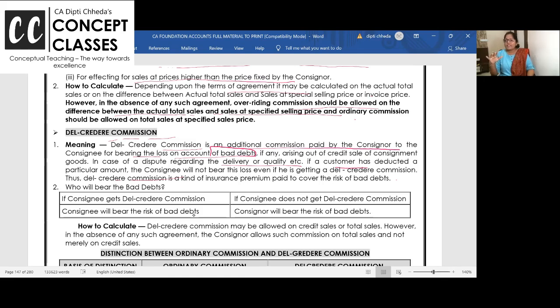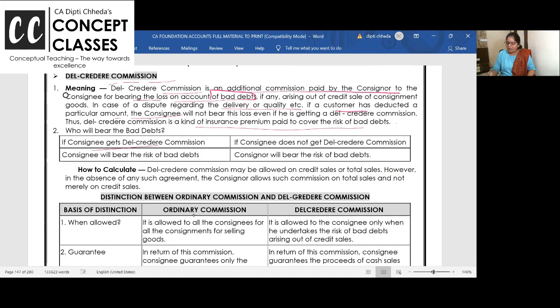But simply if it is a bad debt of the debtor because the debtor is not having money and he became insolvent, then del credere is your responsibility. So if I am giving del credere commission to the consignee, who will bear the bad debt? Consignee. If I am not giving the del credere commission to the consignee, then who will bear? Consignor. Clear or not?